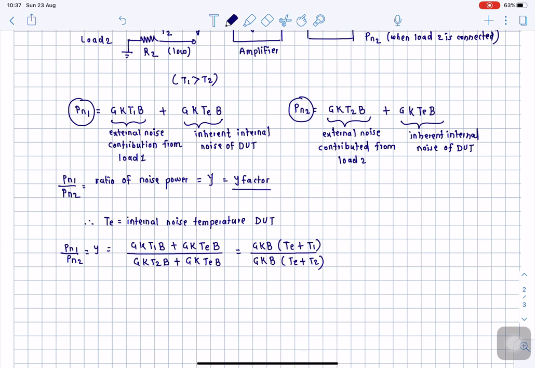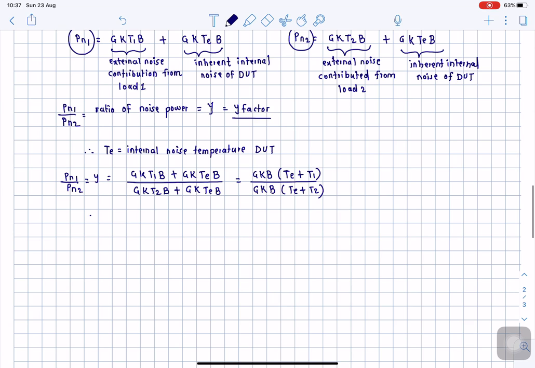So we can write the Y factor as the ratio of the calculated noise powers Pn1 divided by Pn2, which is equal to Te plus T1 divided by Te plus T2.